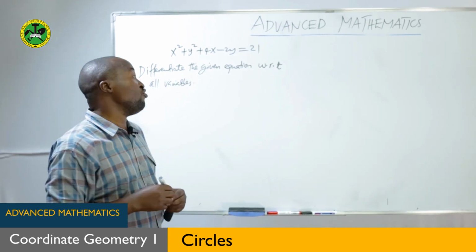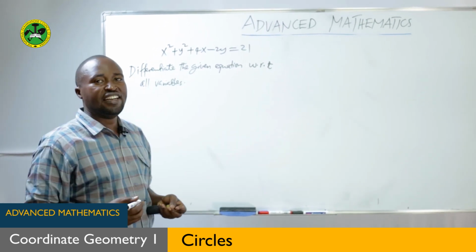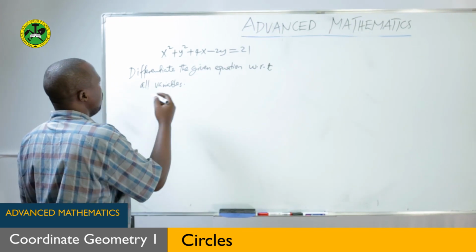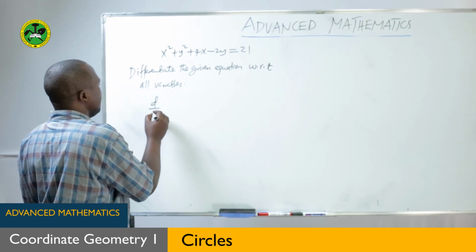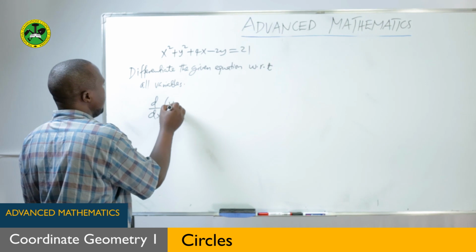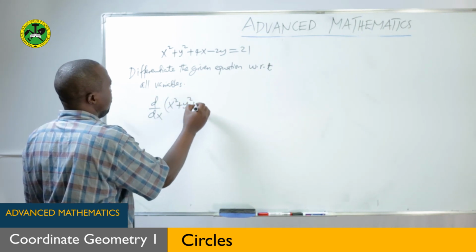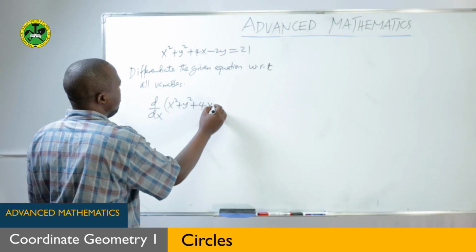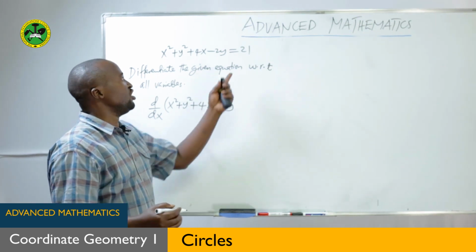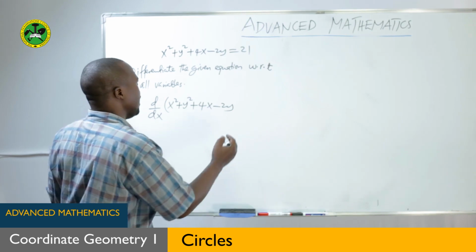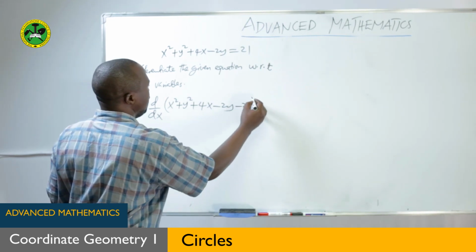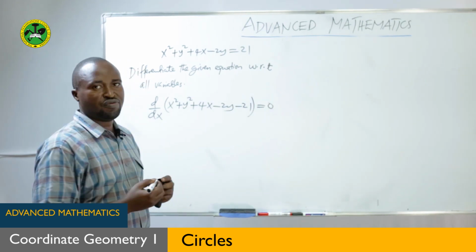Of course, here we have two variables, that is x and y. So we differentiate this way, that is d/dx of x squared plus y squared plus 4x minus 2y. Of course, we shift 21 to our left hand side, so we minus 21. This one is equal to 0.